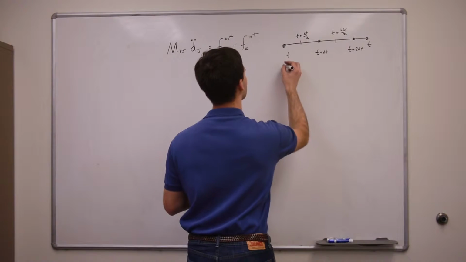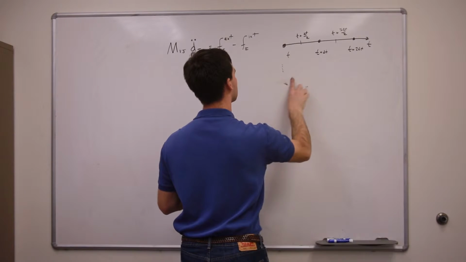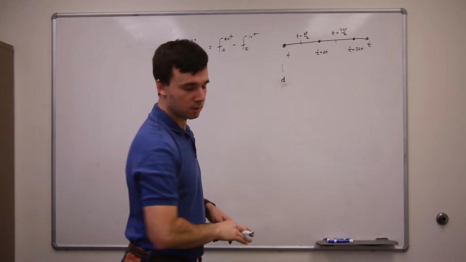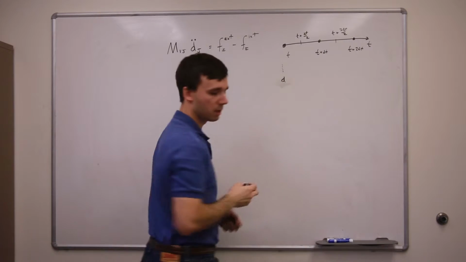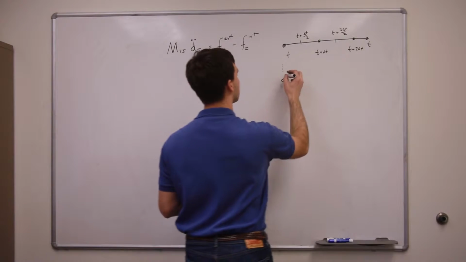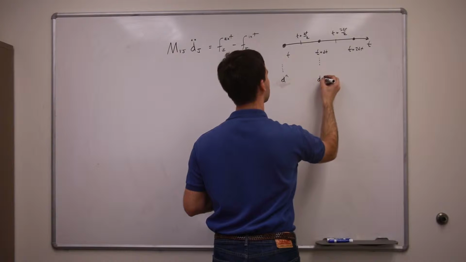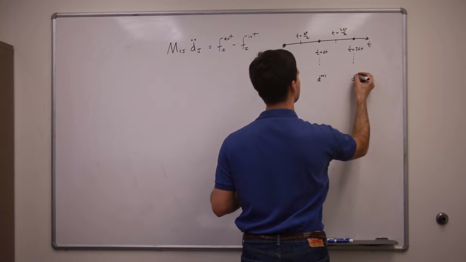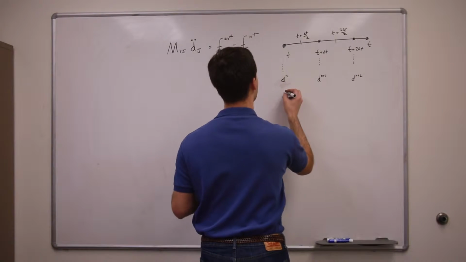And so what I'm going to say is I'm going to keep track of my d coordinates. So the way I'm going to write this is d is my displacement, and I'm going to write it in terms of the time step n. So d sub n, at the next time step I'll have d sub n plus 1. At the next time step I'll have d sub n plus 2. I'm also going to calculate my accelerations.